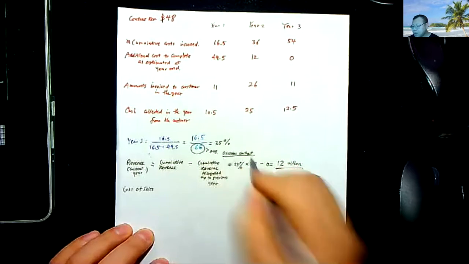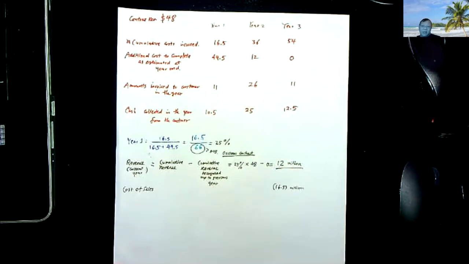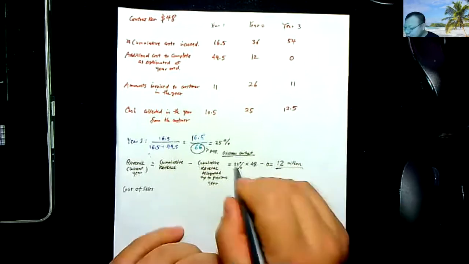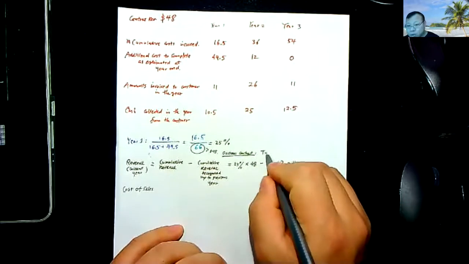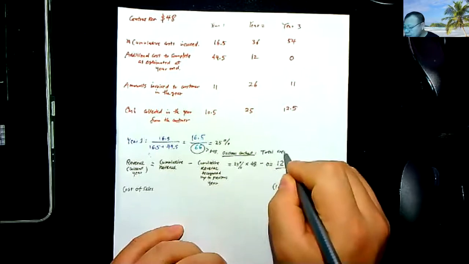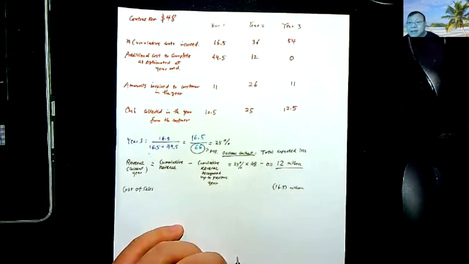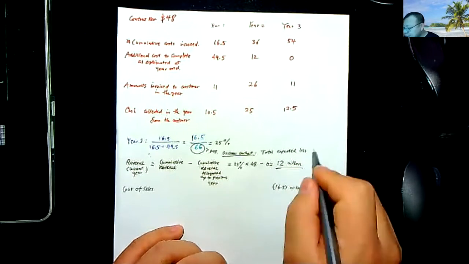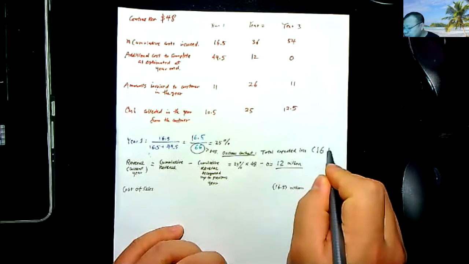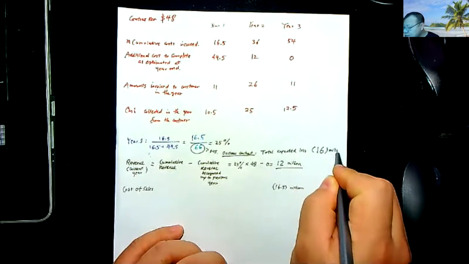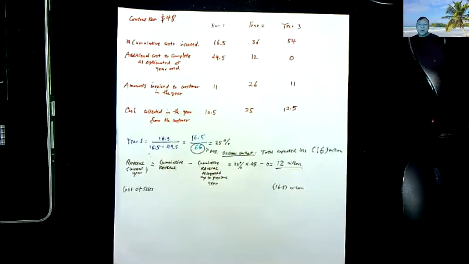The total expected loss will be 66 minus 48, which is 16 million. We have to recognize this amount.